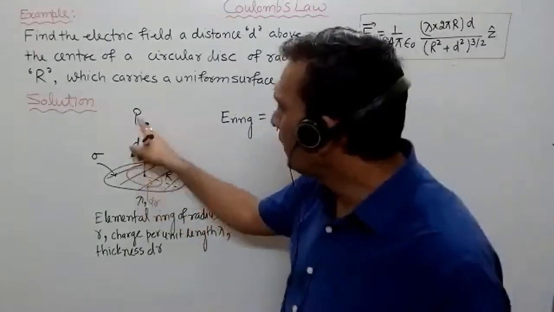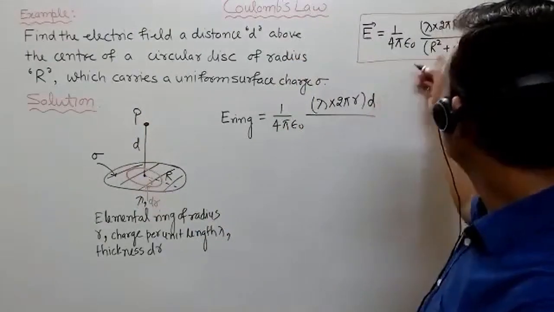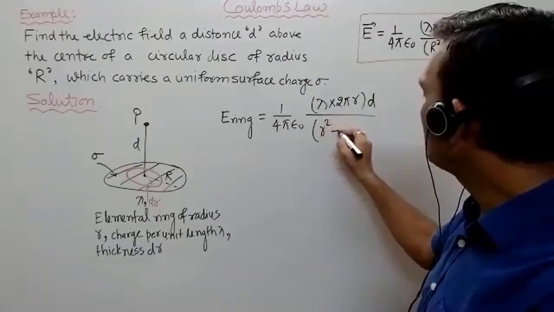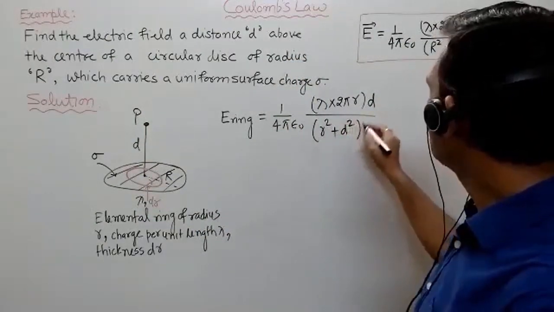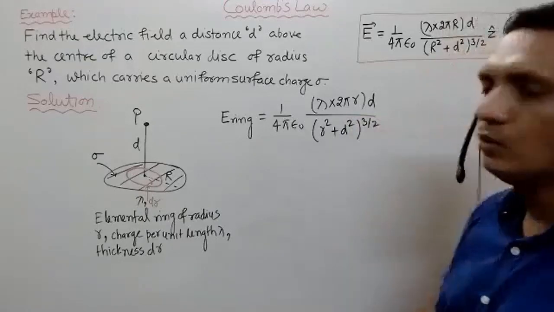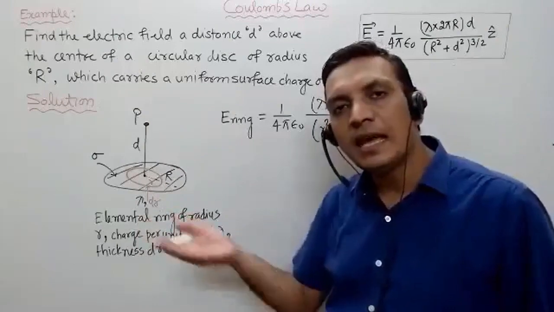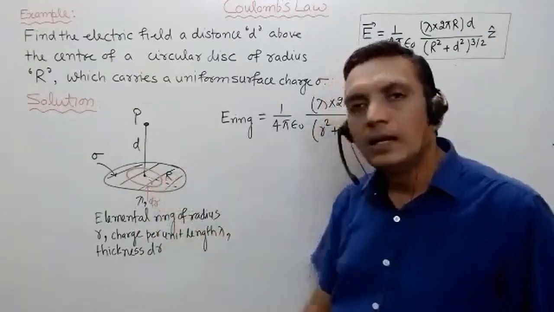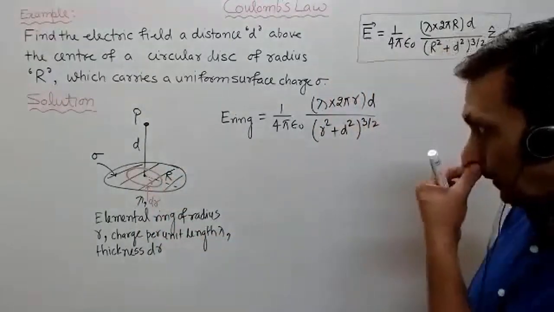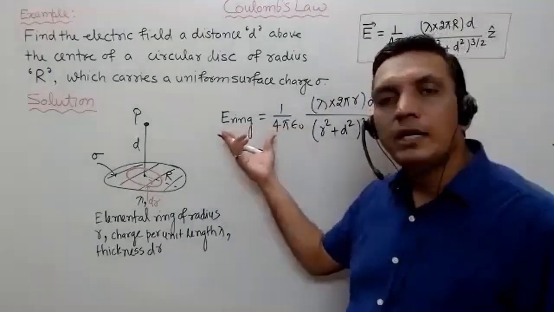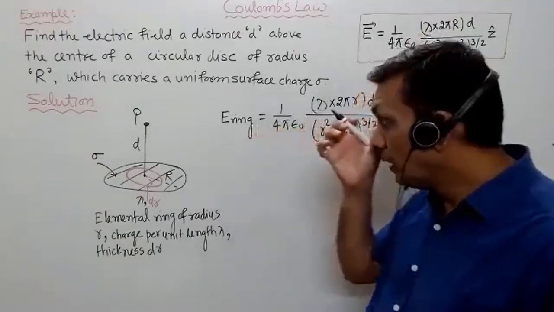You have to again find at d distance away, so this is d. Now here you have to write r square plus d square power 3 by 2, and direction is z cap because you have same symmetry. Disk is in xy plane, so ring is also in xy plane. So this is the electric field due to ring.